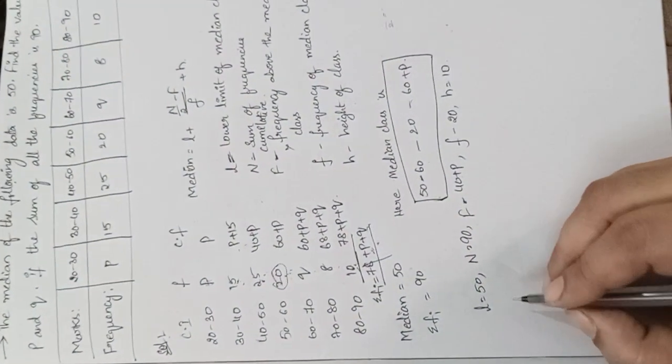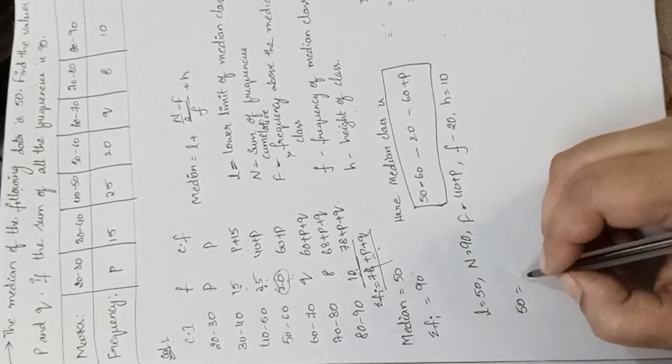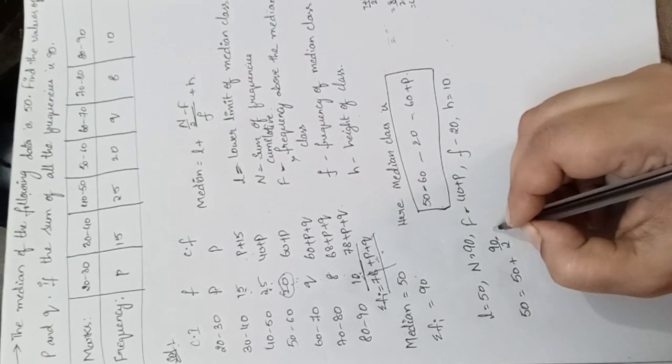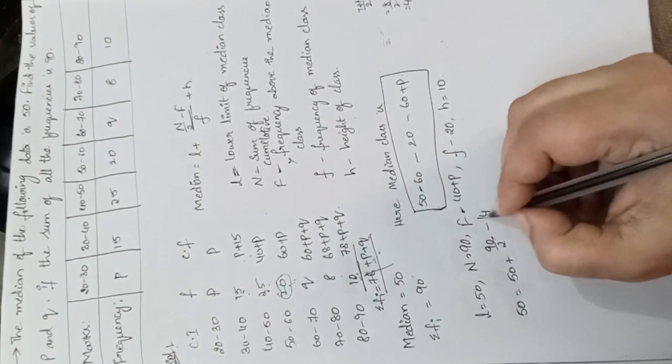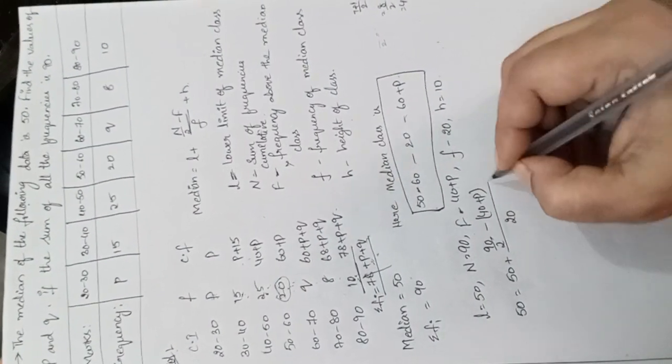Now substitute all these values in the median formula. Median is given as 50. So 50 equals L, which is 50, plus N, which is 90 by 2, minus capital F, which is 40 plus P, by small f 20, into 10.